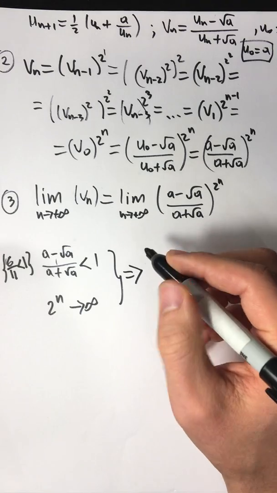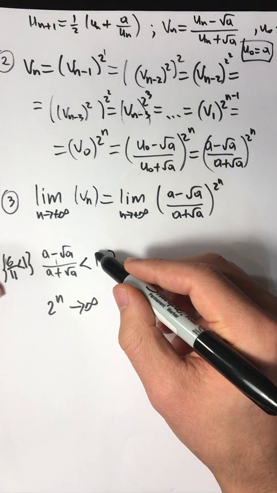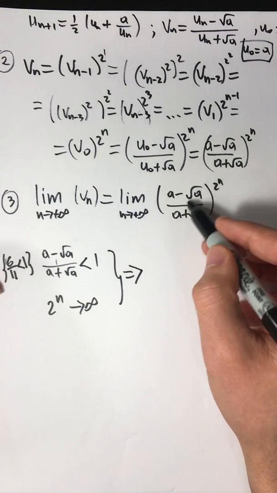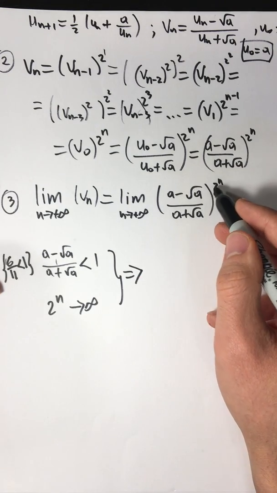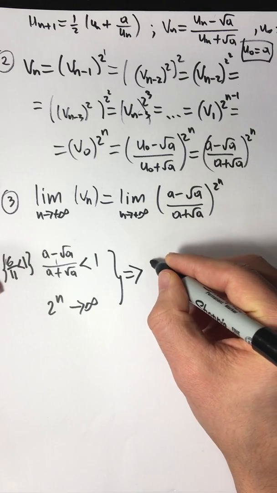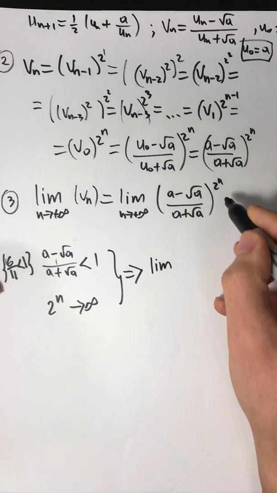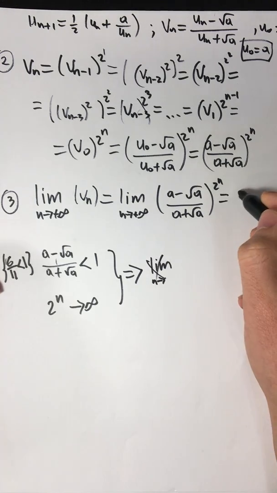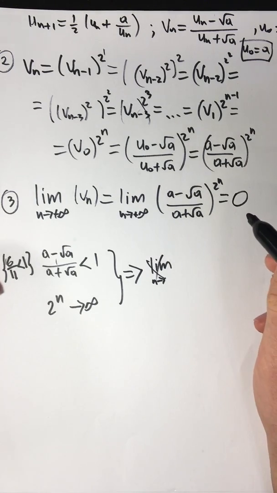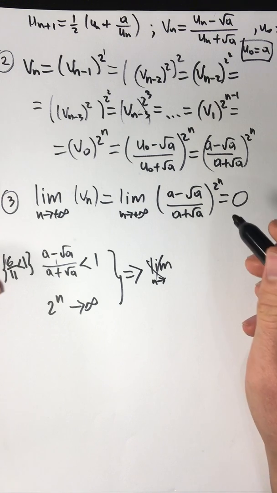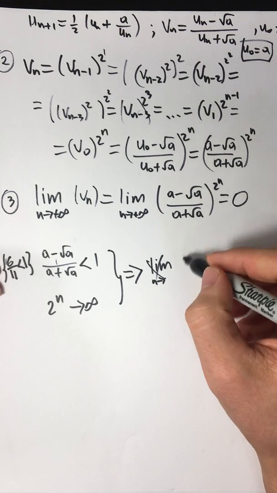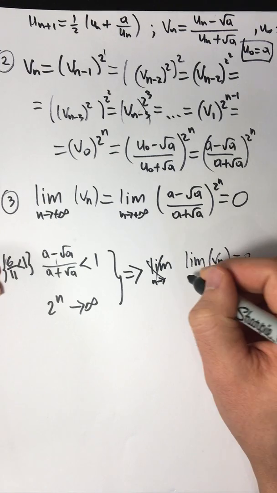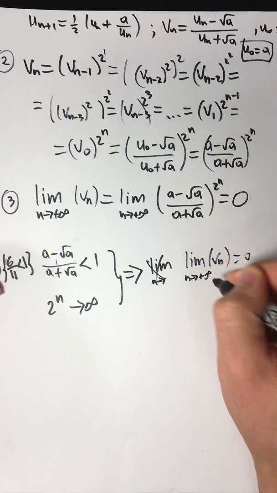Because of this, this is a number less than 1, and the exponent goes to infinity, and it means that the limit of this is equal to 0. So the limit of v_n is equal to 0 as n goes to plus infinity.